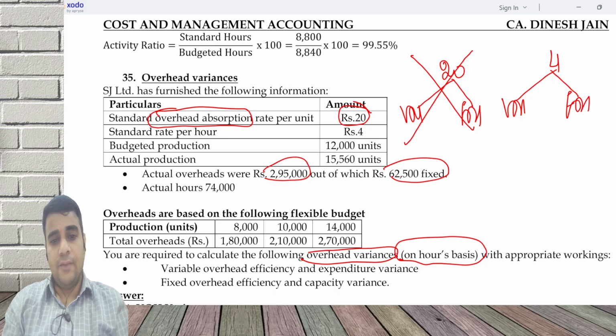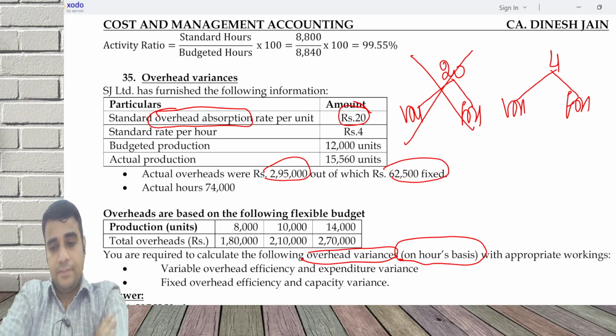How do I get variable cost per unit or per hour? You are aware of what needs to be done. So participate, please. Guys, please.